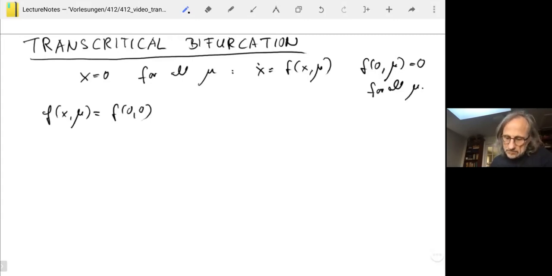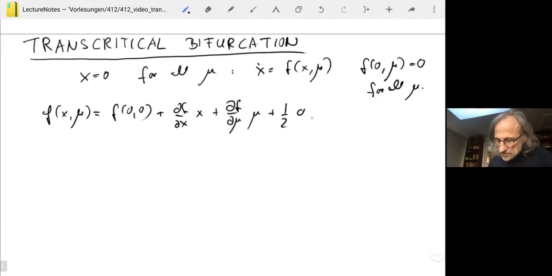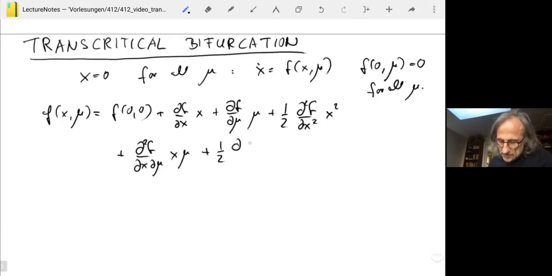Again, we're assuming the fixed point is at 0 that we're talking about, plus Taylor expansion df by dx times x plus df by d mu times mu plus 1/2 d2f by dx squared times x squared plus d2f by dx d mu times x mu plus 1/2 d2f by d mu squared, no, not x squared, mu squared, plus higher order terms.